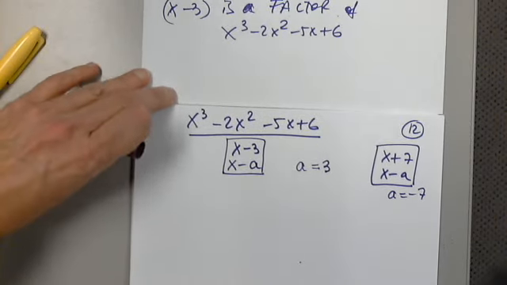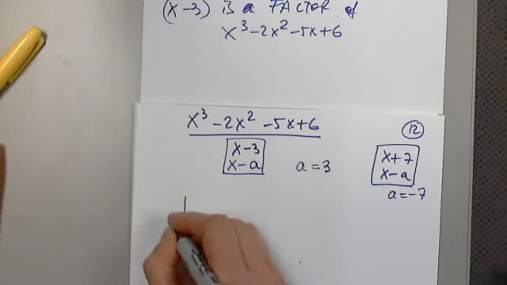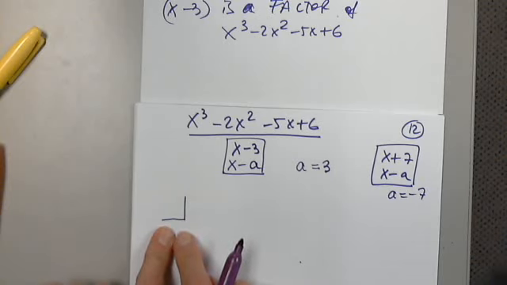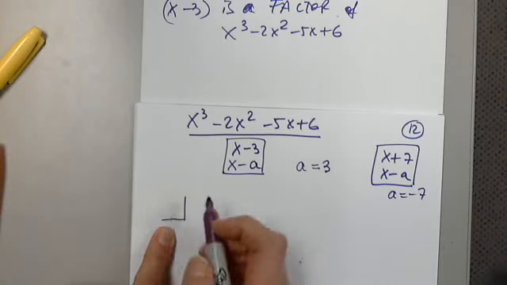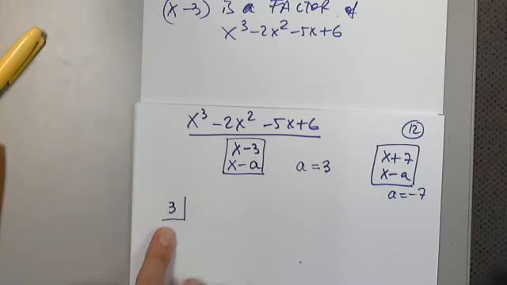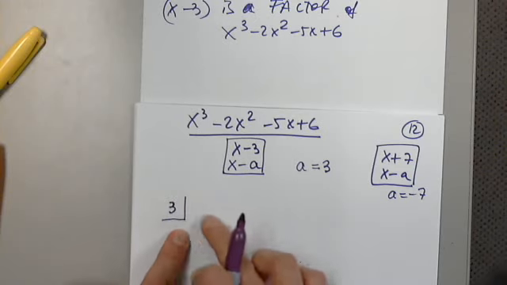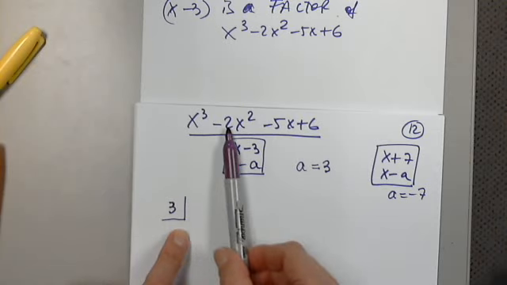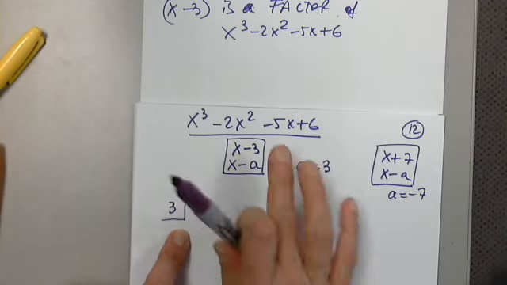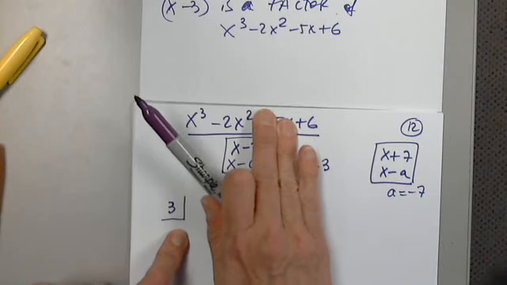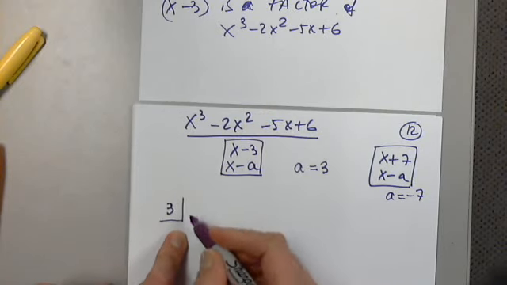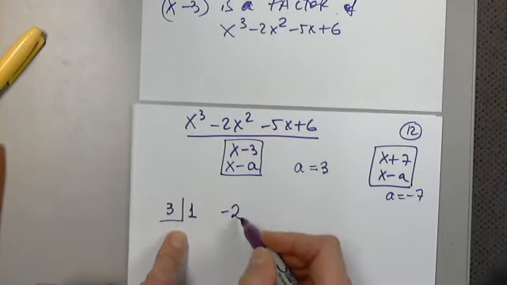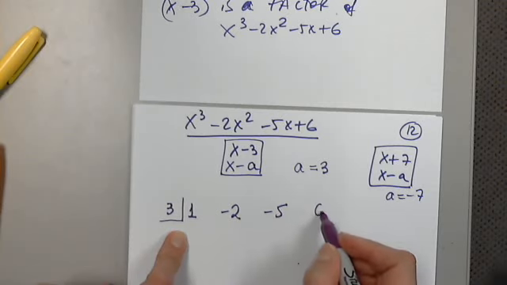So the algorithm for synthetic division is, in this tiny box, we have to put a, which is 3. Next to the box to the right, I will have to copy only the coefficients of the polynomial. If a term is missing, I will have to put 0 for it. So 1, -2, -5, and 6.